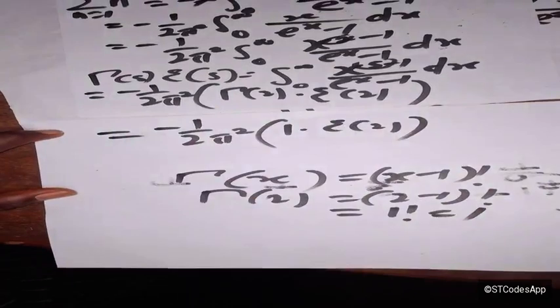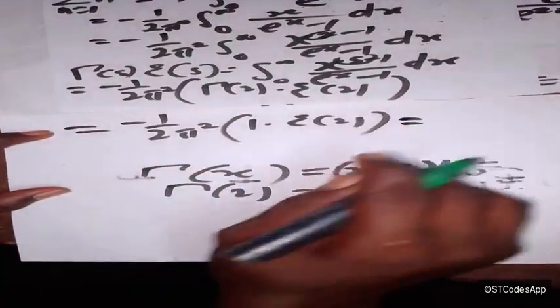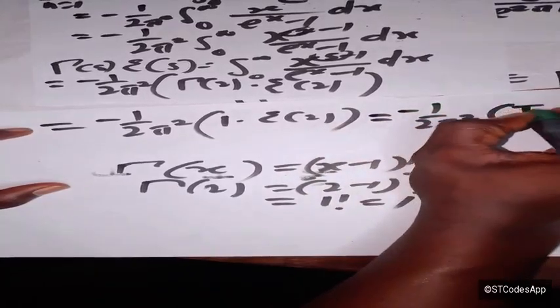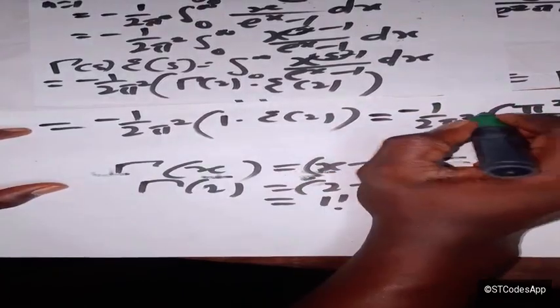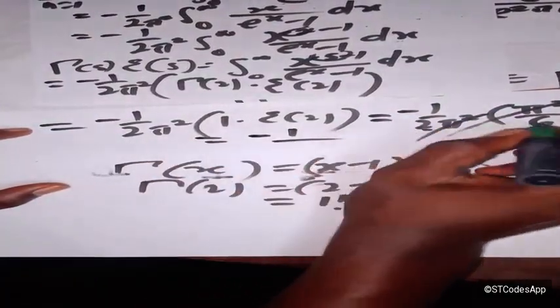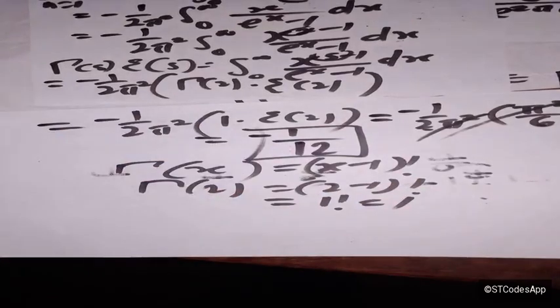And what is zeta of 2? Zeta of 2 is just π²/6. So this will be equal to minus 1 over 2π² times π²/6. The π² cancels π², and we have minus 1 over 12. So we arrived at the answer using Ramanujan's formula.